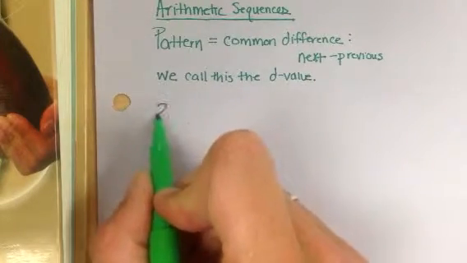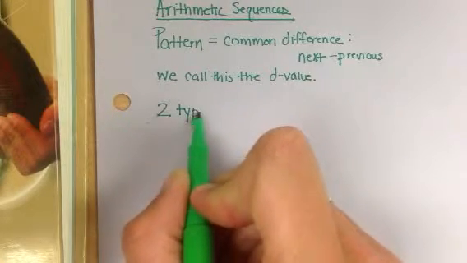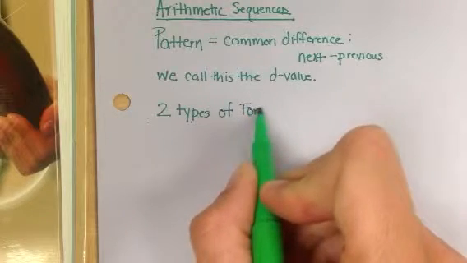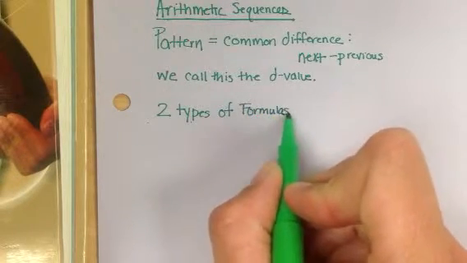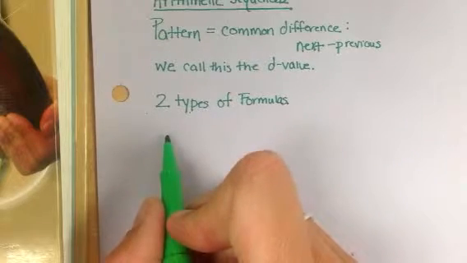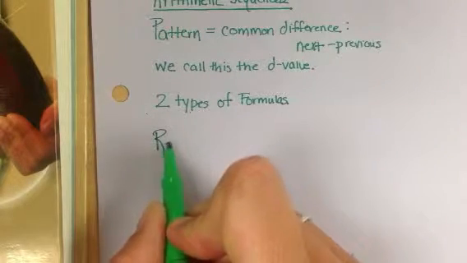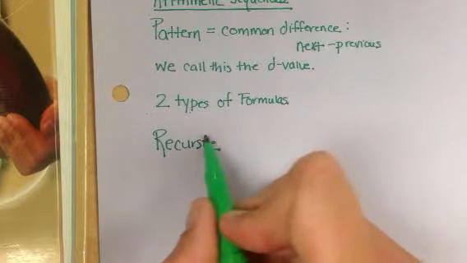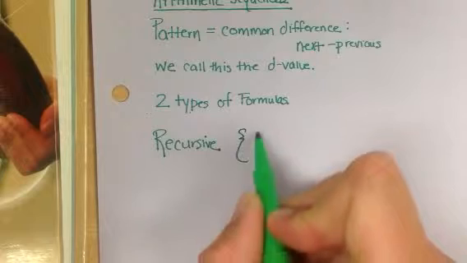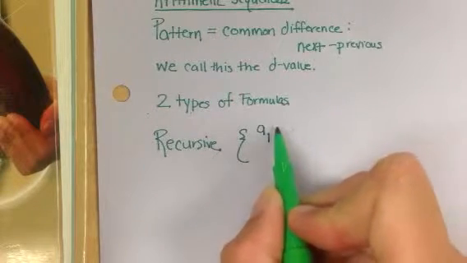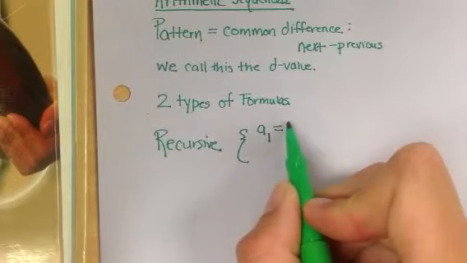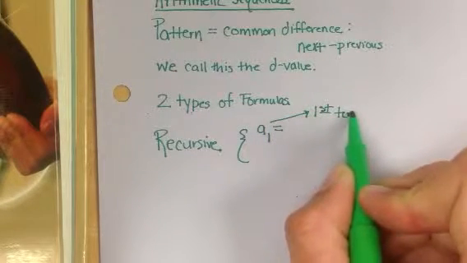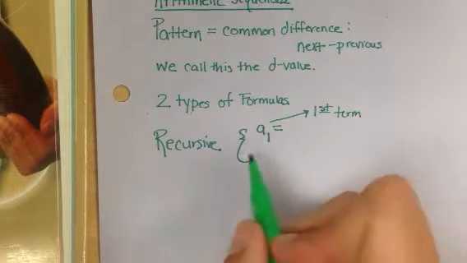There are two types of formulas for arithmetic sequences. The first is the recursive formula. The formula for this is you have a sub 1 equaling, which represents the first term in your sequence.